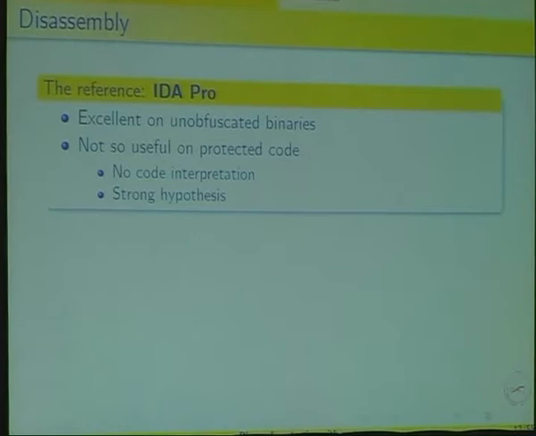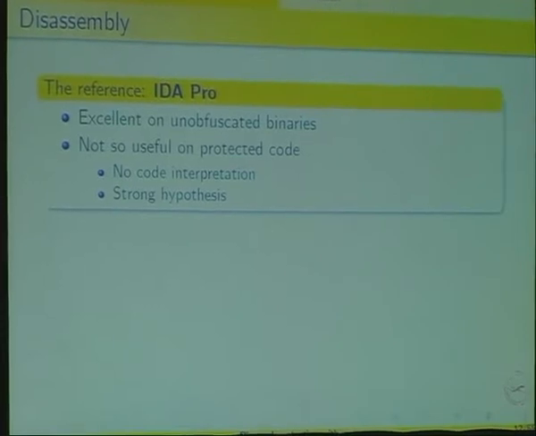When you want to work with binary code using a disassembler, usually you'll get to IDA Pro. IDA Pro is a commercial decompiler, disassembler, and stuff like that. And it works very well: you compile a binary, you load it in IDA, and you get almost your source code directly. It's very good.